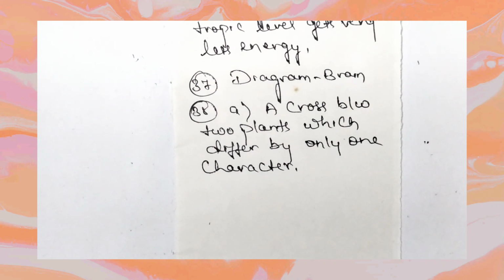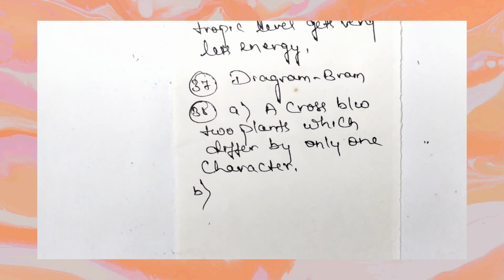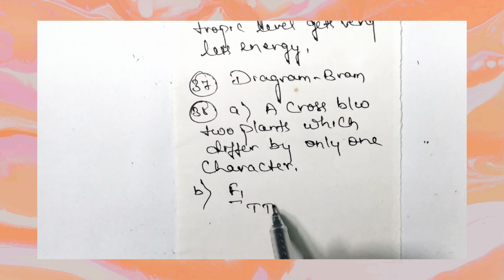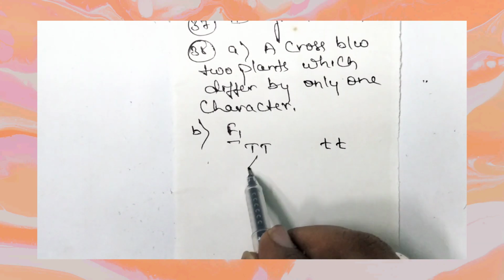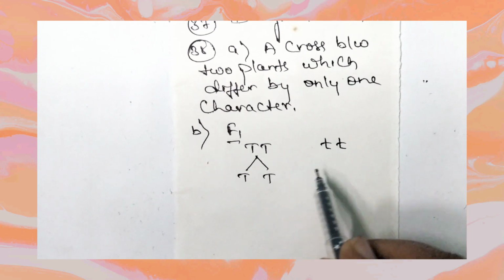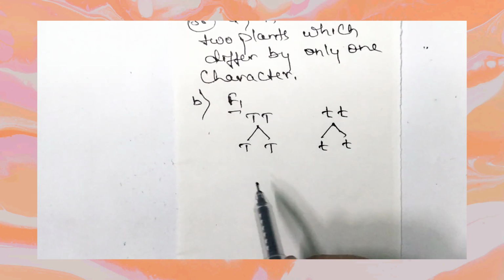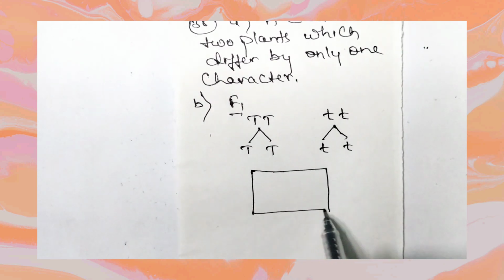In that one, another question is there, that is a tall pea plant capital T is crossed with short pea plant. First let us see F1. So in F1, capital T small t. So during gamete formation, capital T small t. So let us write it like this for F1.